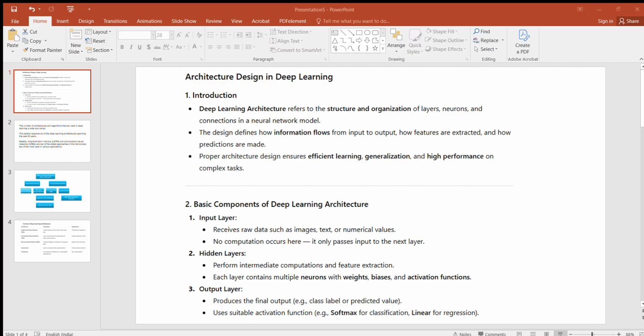Generalization means providing high performance and minimizing the losses; the model must generalize. High performance on complex tasks means that even when difficult problems are given, it still performs well. That kind of architecture you have to design.